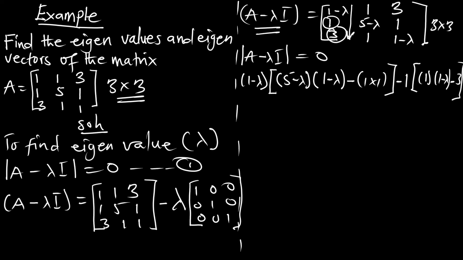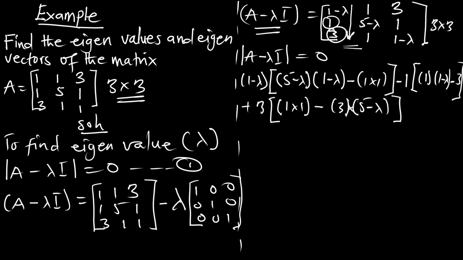That will be plus 3. And the corresponding 2 by 2 determinant is 1 by 1. So we can multiply 5 minus lambda this way. Okay, so this is the expression for finding the determinant of this 3 by 3 matrix.